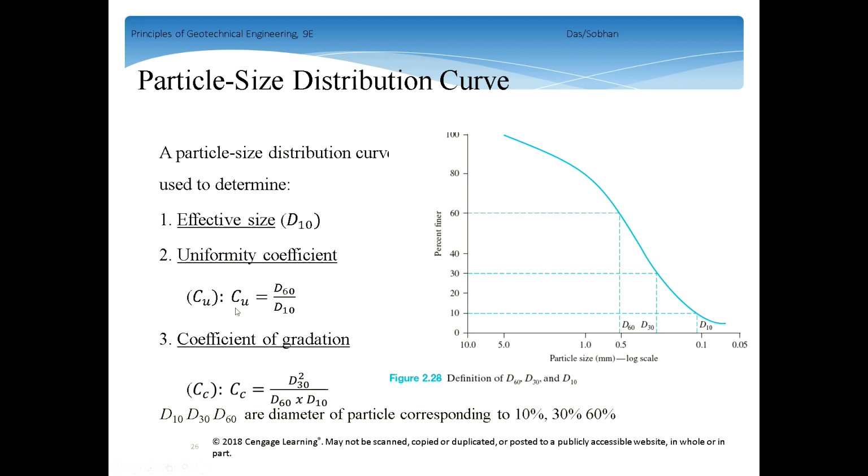So we define Cu, the uniformity coefficient, which is the ratio between D60 and D10.